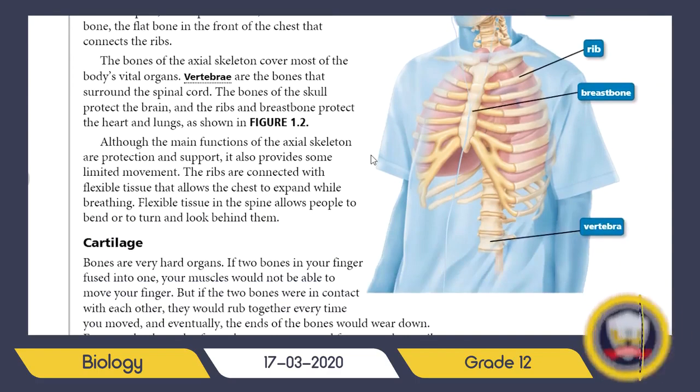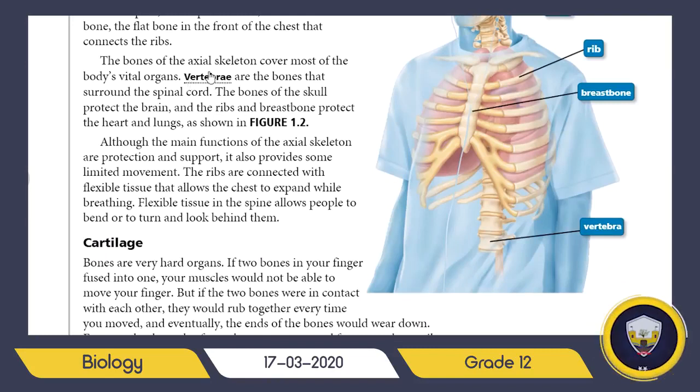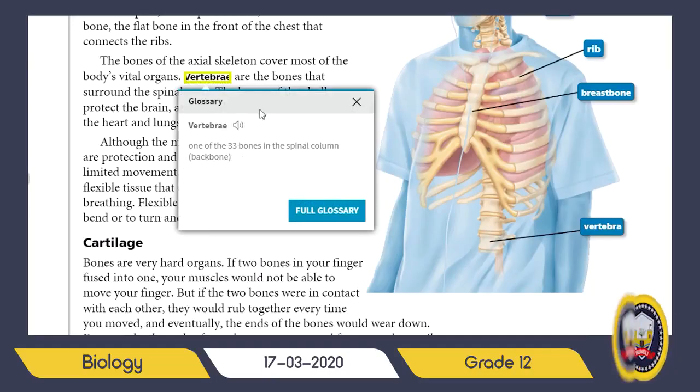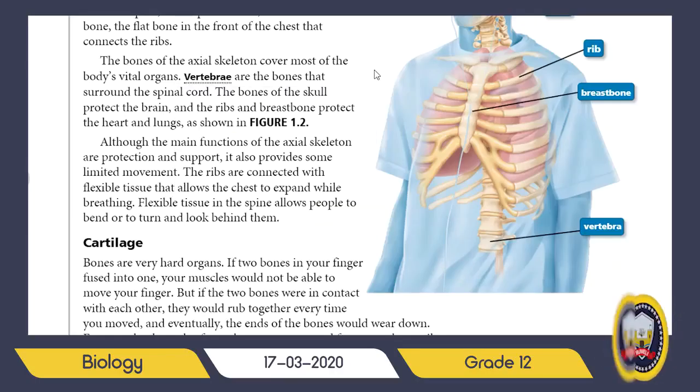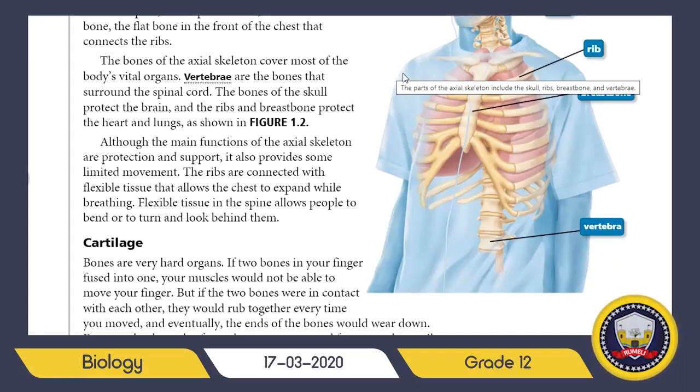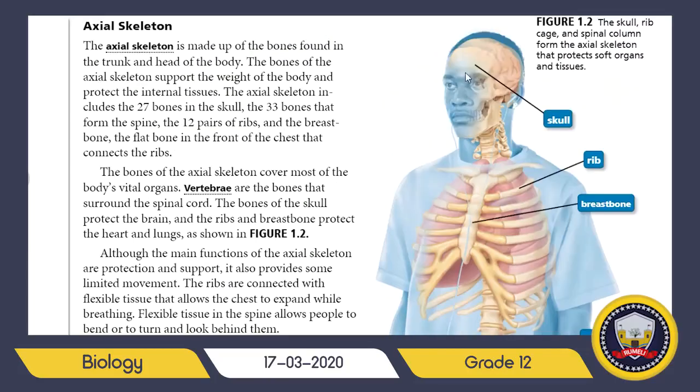Now, the bones of the axial skeleton cover most of the body's vital organs. The vertebrae, which are among the 33 bones in the spinal column, the backbone, protect the spinal cord. The bones of the skull protect the brain.